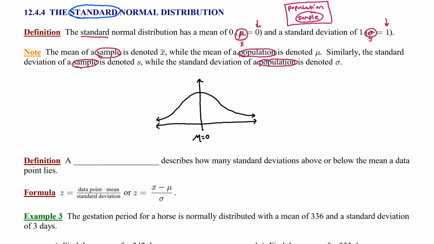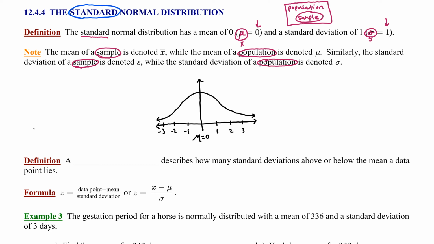Then each unit that we measure above the mean and below the mean will be in multiples of 1. So it makes the distribution very easy to read. One standard deviation above and below the mean, 2 standard deviations above and below the mean are very easy to denote. Positive simply means we're above the mean, and negative means we are below the mean.